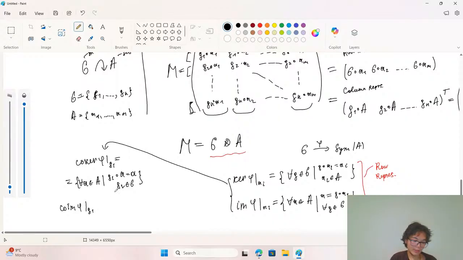Actually, I couldn't define it in a proper way, because the image of phi, by definition, gives all the images of element a_i in A by the actions of g belonging to G. So if we formulate it in terms of words in a dual universe, the co-image must give all the... well, let me find it.